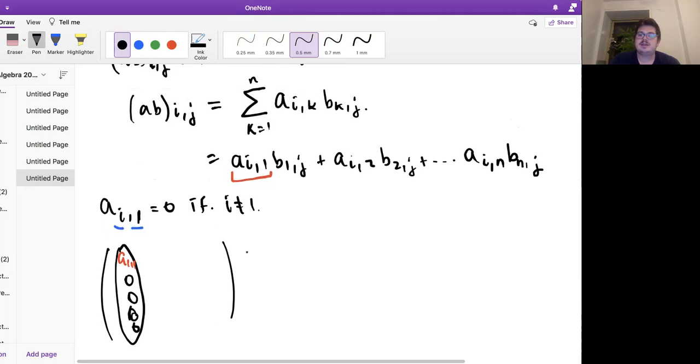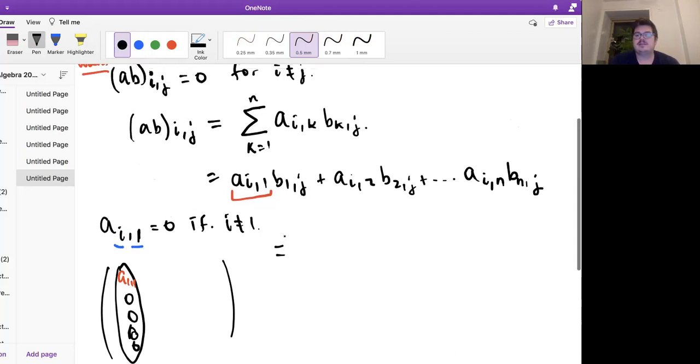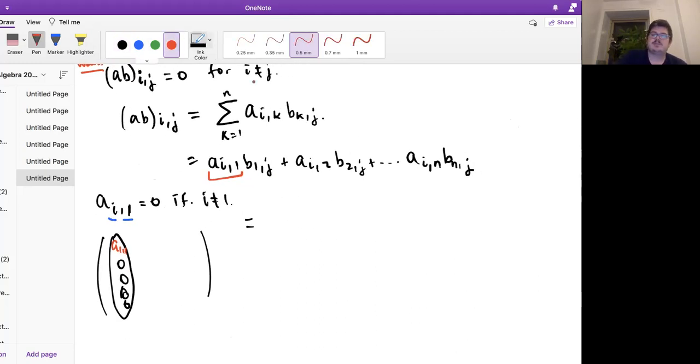So what is the only entry of A, of all these a's, which is the only one that's possibly not 0? Well, look at all these ai1, ai2, it's only possibly not 0 when it's like i, right?